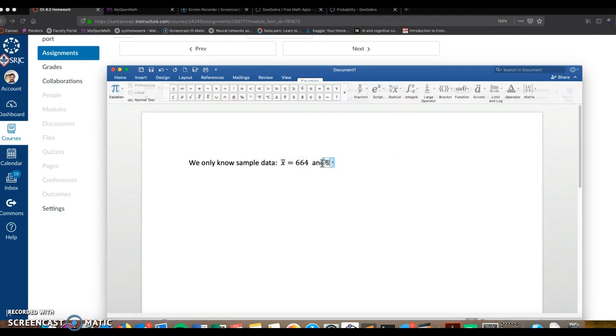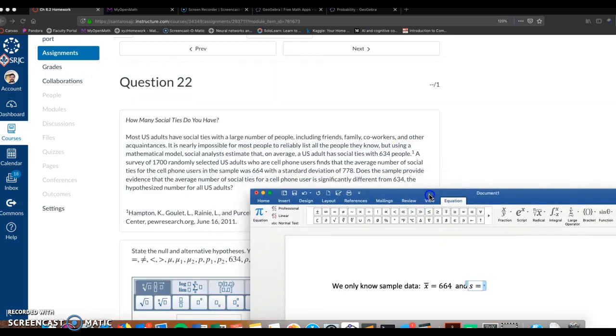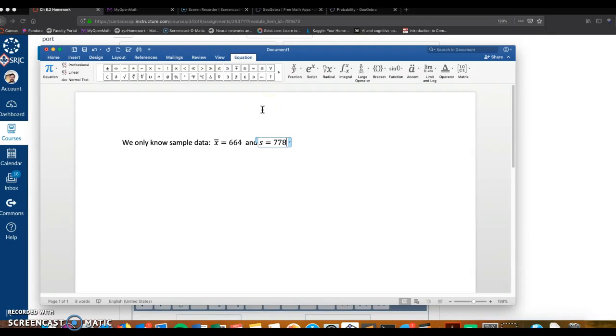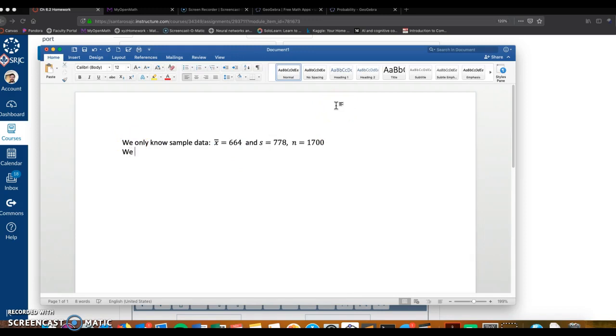And then the sample standard deviation, s, that is the 778. And I have my sample size here of 1,700. So since we only know sample data, we need to use a t-test of a mean. So inside GeoGebra, I'm going to use the t-test of a mean.